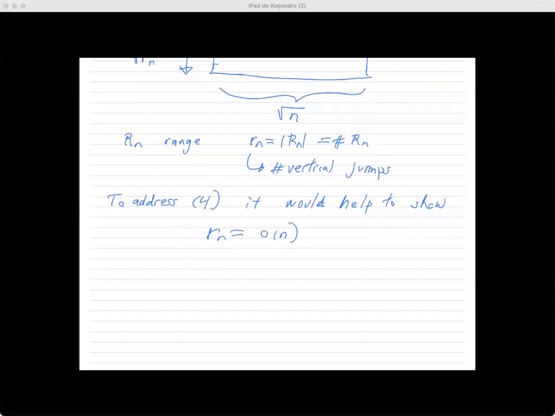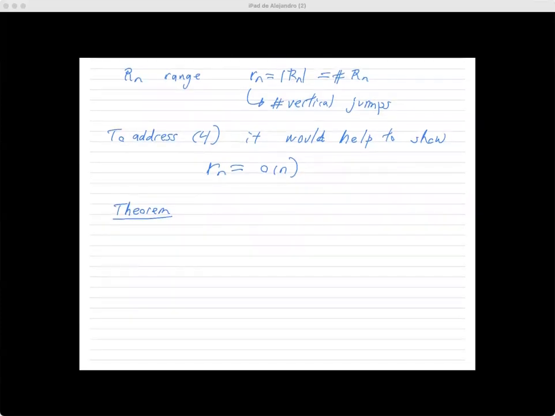So let me state the main theorem I want to. We have actually an upper bound and a lower bound on the range. This is the upper bound.